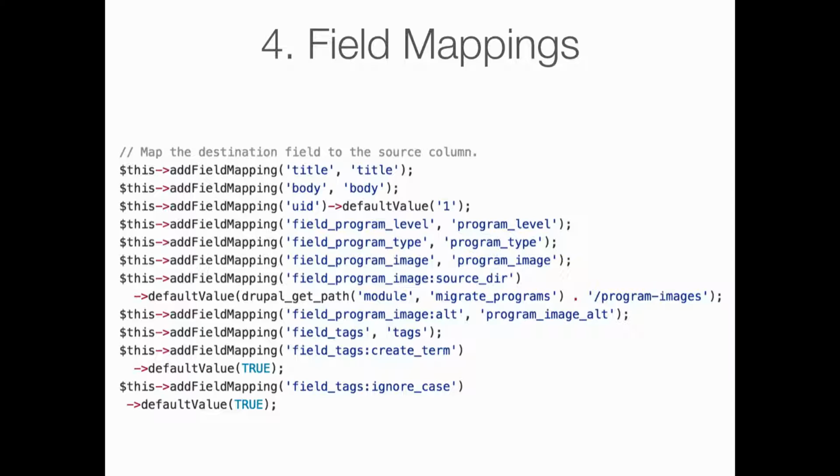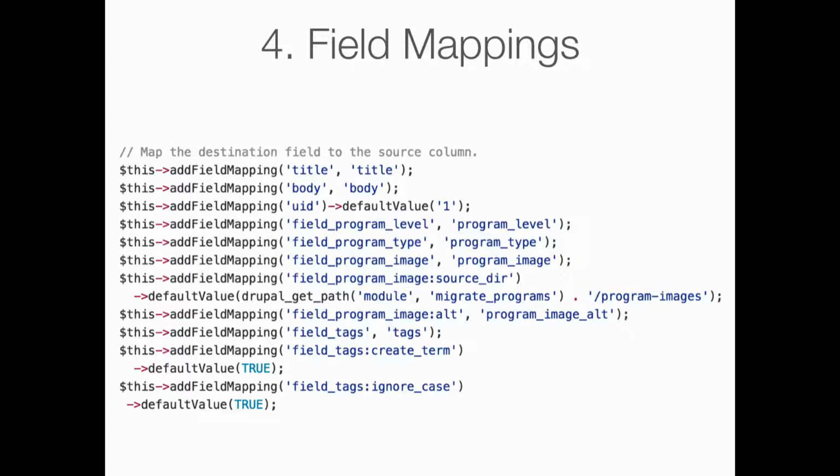For some things you might not need to grab the content from the CSV. For example, if you always want the author to be user 1, then you can just set a default value instead. And so this should mostly make sense, I think. We're mapping one-to-one the destination and the source, except for the image, which is a little bit more complicated, right?